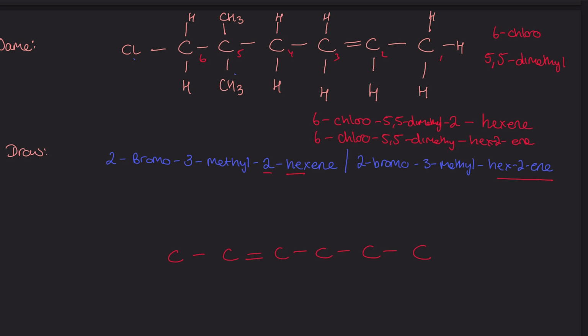Then, on the third carbon, we have a methyl group. So we go to the third carbon. And then on the second carbon, we actually have a bromo group. So it'll be Br. And then everything is done, so we can then just add in our H's, but make sure to check that each carbon only has 4 bonds connected to it.